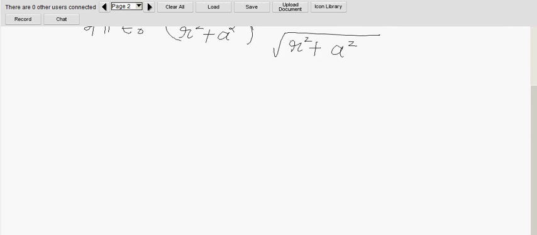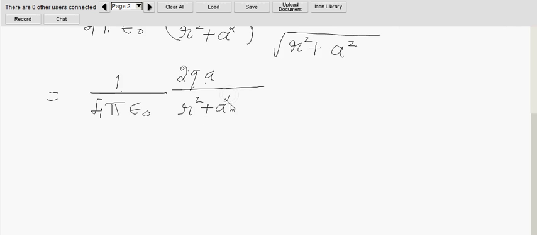So let us simplify this: 1 by 4 pi epsilon naught into 2qa divided by r square plus a square to the power half plus 1, that is 3 by 2.